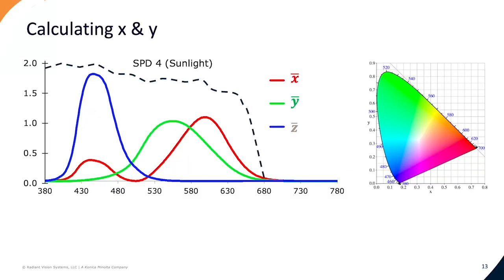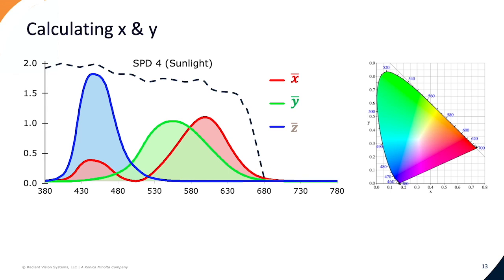To determine the perceived color of the sunlight, we perform the following steps. First, we multiply the spectral power distribution of the sunlight with each of the spectral responses of the human visual system. Second, we then calculate the area under each curve which resulted from the multiplication in the first step.